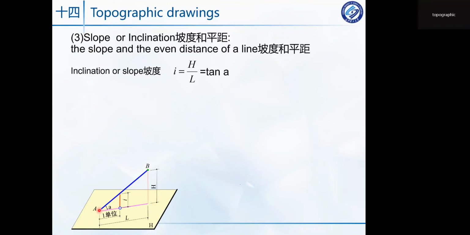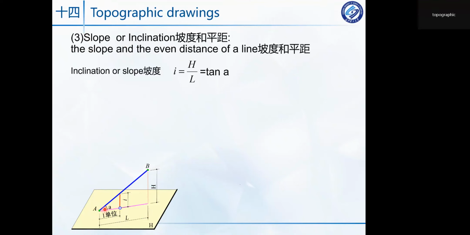A is lower and B is higher, and AB is an oblique line. It is not vertical to the sea level, and also it is not horizontal to the sea level.